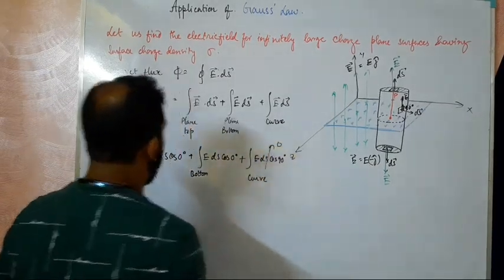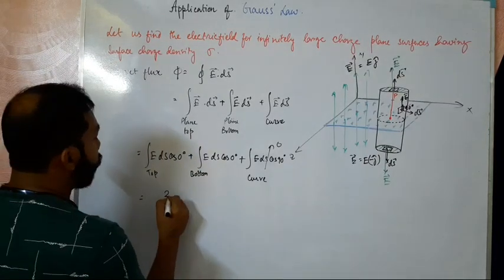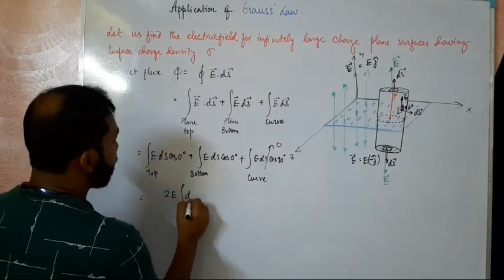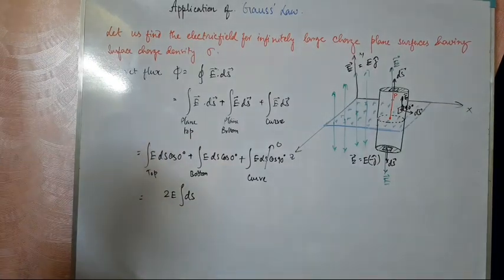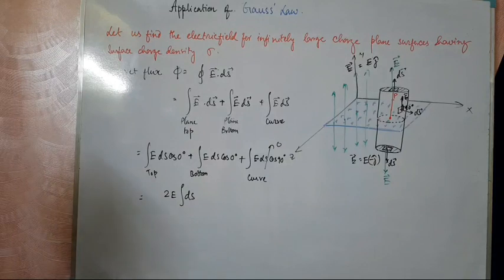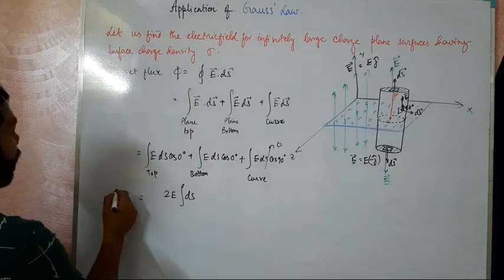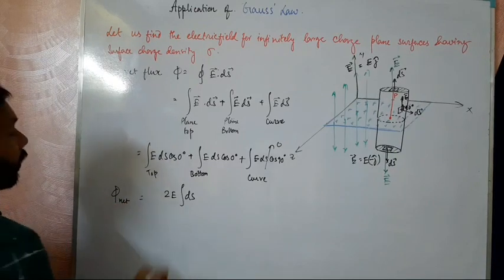Curved surface goes to 0, and the plane surfaces will contribute to 2E integration ds. Because E is constant, we need to integrate only on ds. Now this is the total amount of net flux.